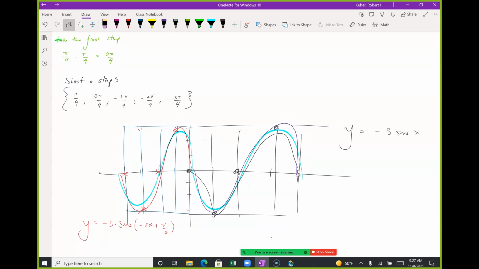Sean, what do you think? Yeah, I think how'd you get the period again? 2 pi over b. Oh, like how'd you get it? Take 2 pi, divide by the b value. Oh, okay. b is negative 2, right?